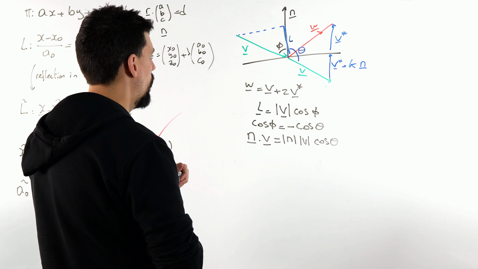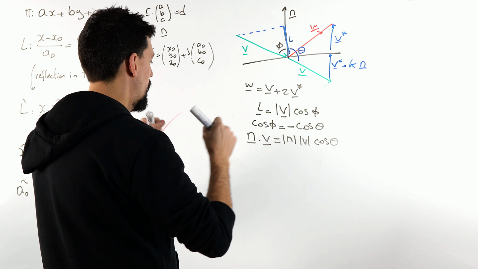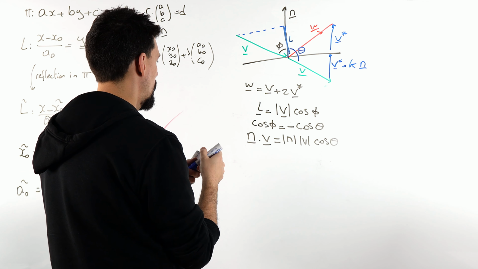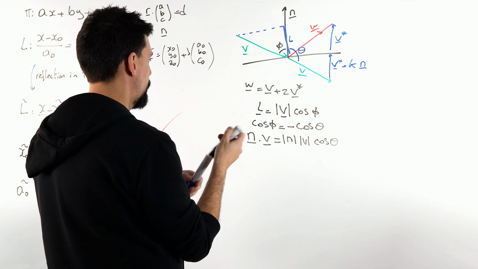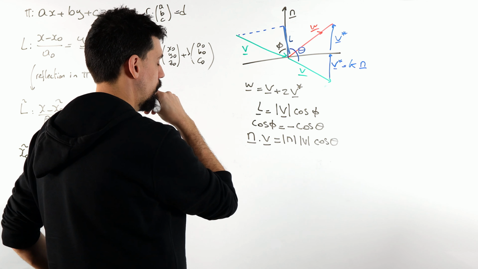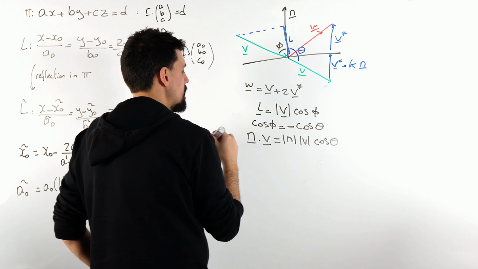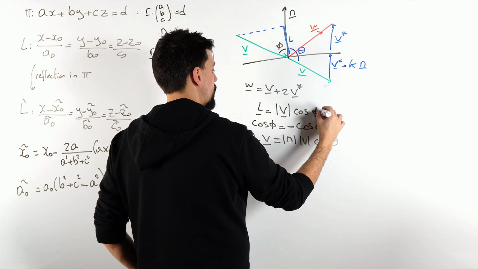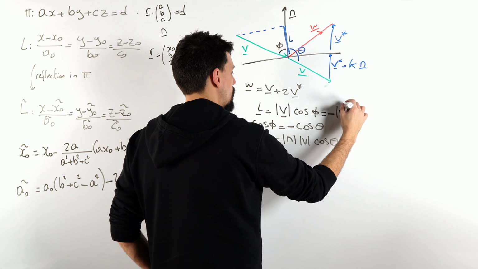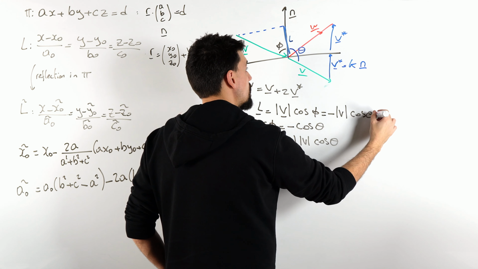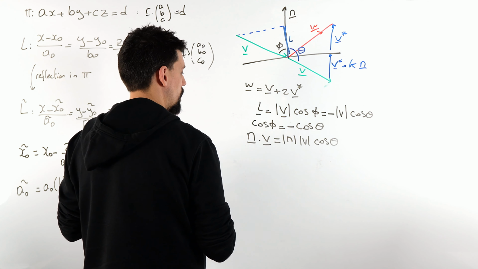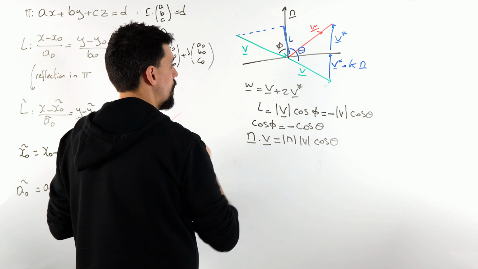So, what do I end up with? Let's put all of this together. This length here is minus mod v cos theta. All right, that's not a vector.